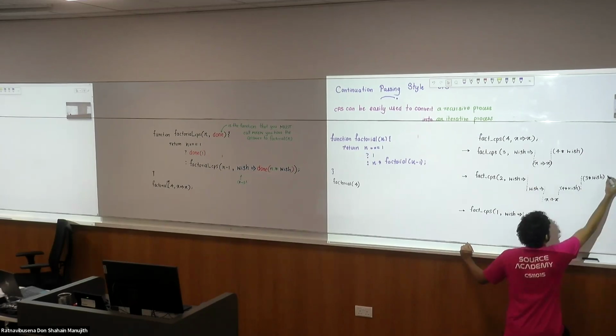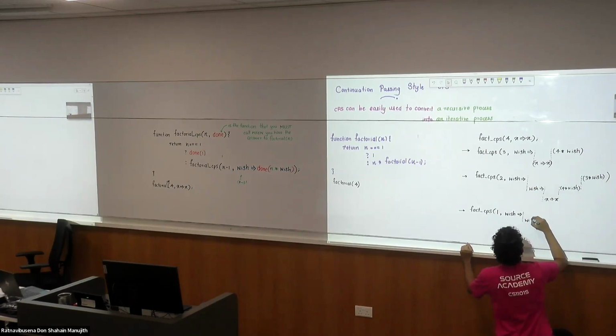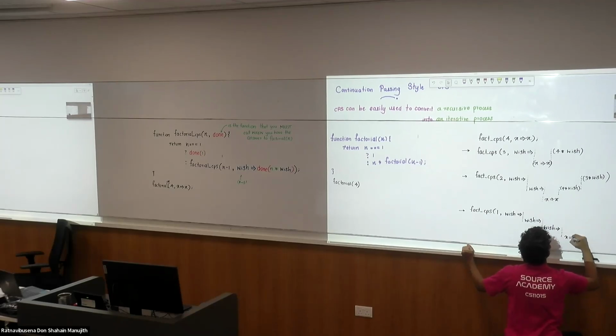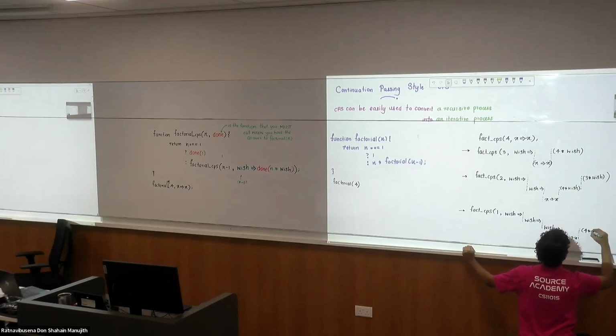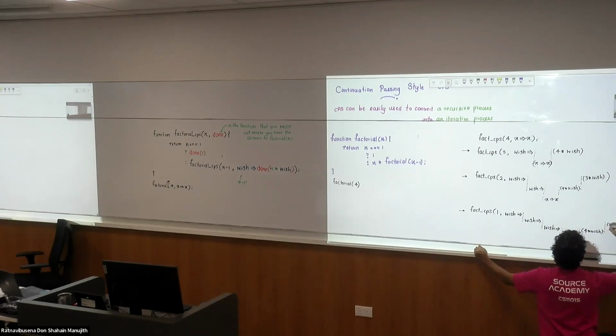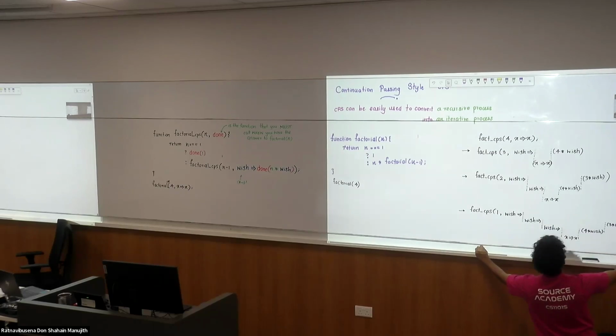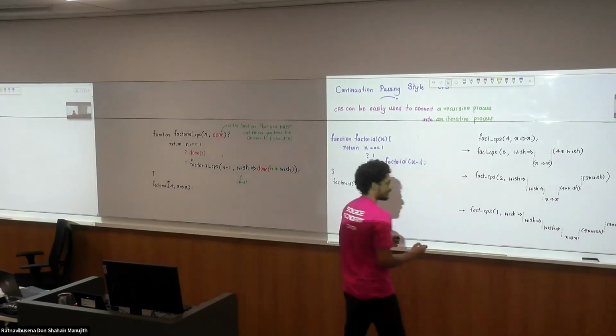So this is my done function. Then x here is 4 times wish, and this one would be 3 times wish. Is that okay, everyone?